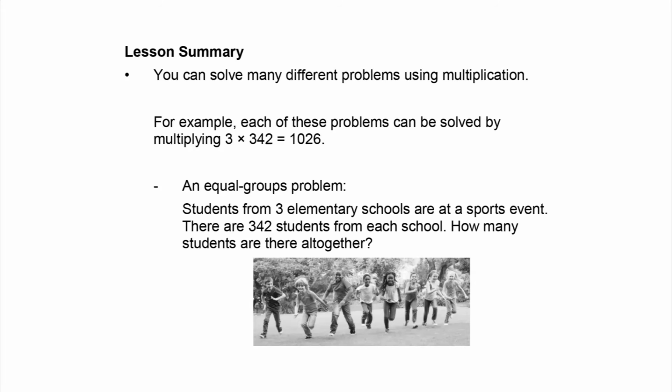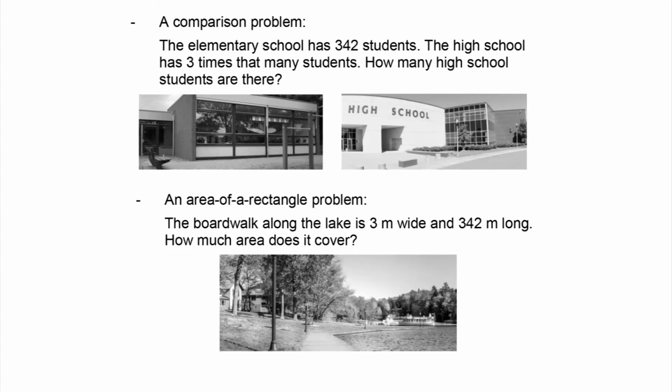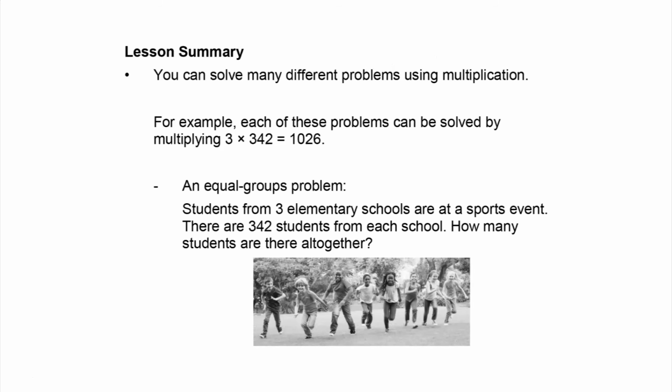How many students are there altogether? So clearly you have 3 elementary schools, 342 students from each school. Which gives you 1,026 students in total.